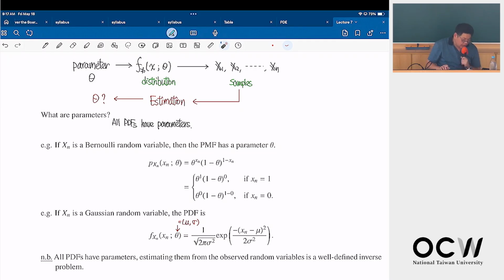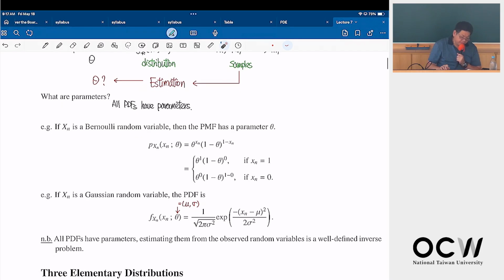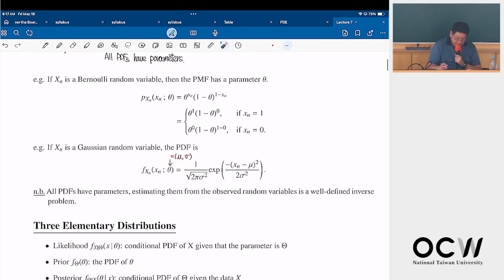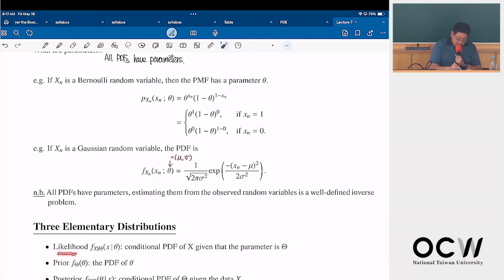Now, we will learn 3 different estimations, but before that, we will learn the 3 elementary distributions. The first is called likelihood. Likelihood is a conditional PDF of X given the parameter theta. And then theta is also a random variable. Then we also have the prior.